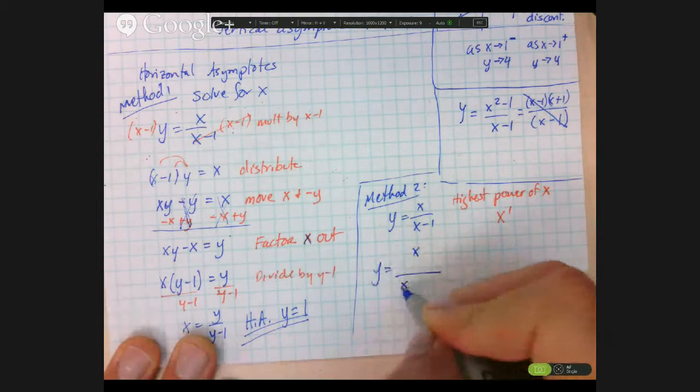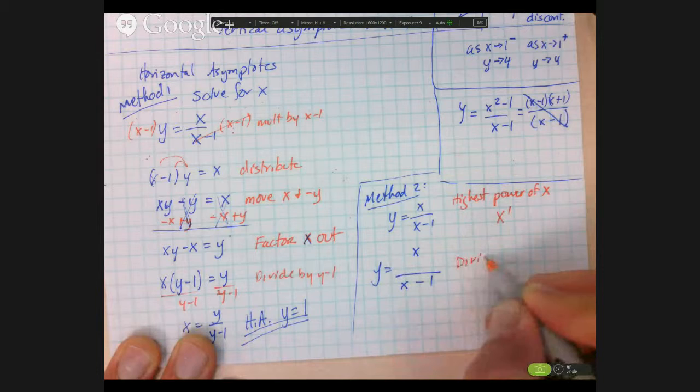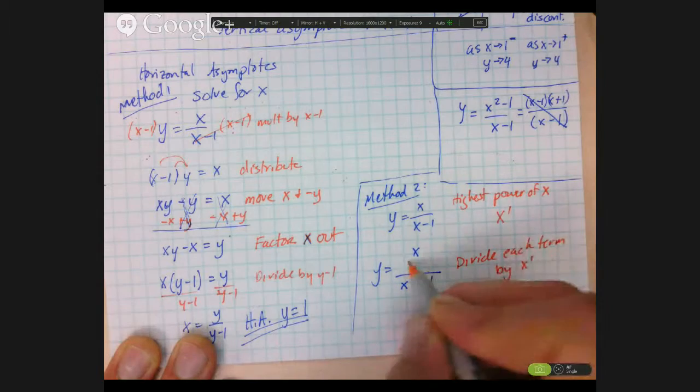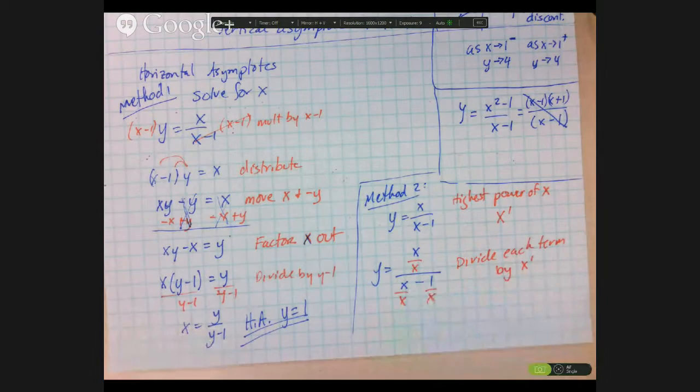Leave a space. I am going to divide each term by that x. Okay, so use the highest power of x and divide it into each term.